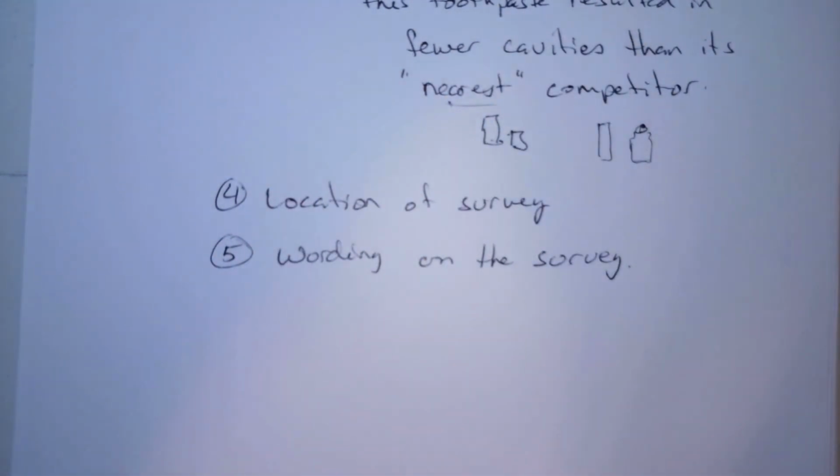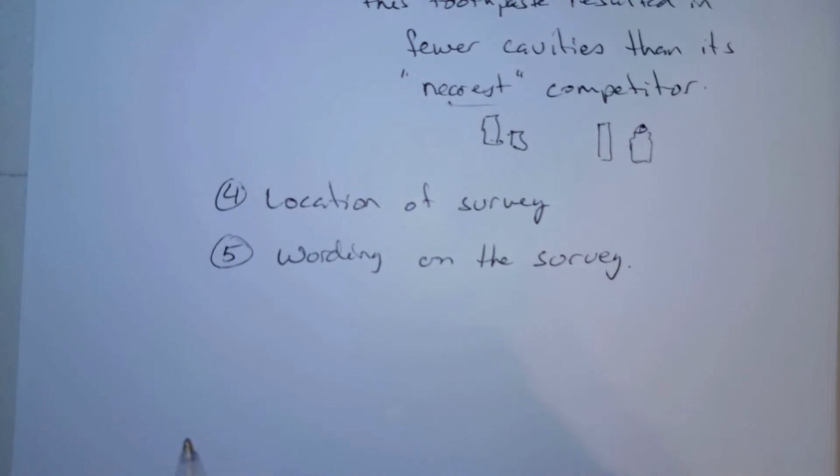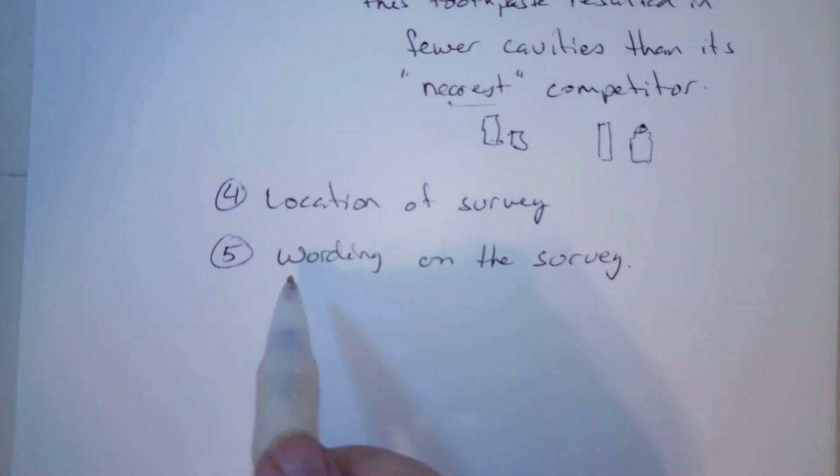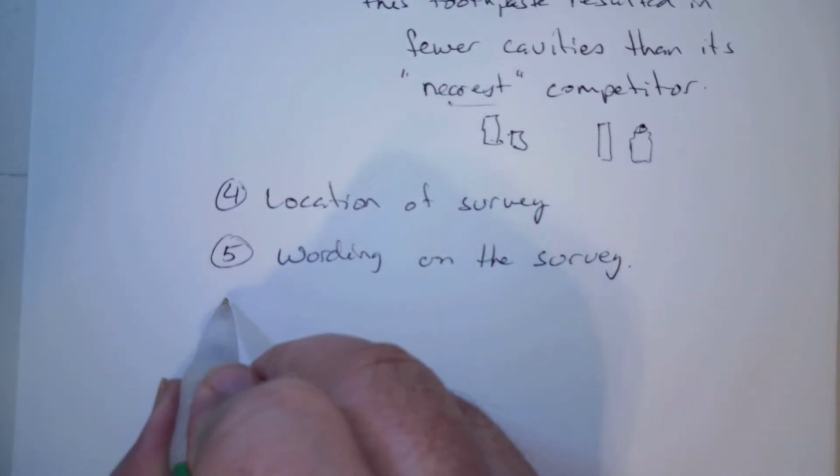I mean, you say did this toothpaste taste worse than your worst dinner? So if all of them say no, this had the most favorable taste. So how the wording is done in a survey is also important.